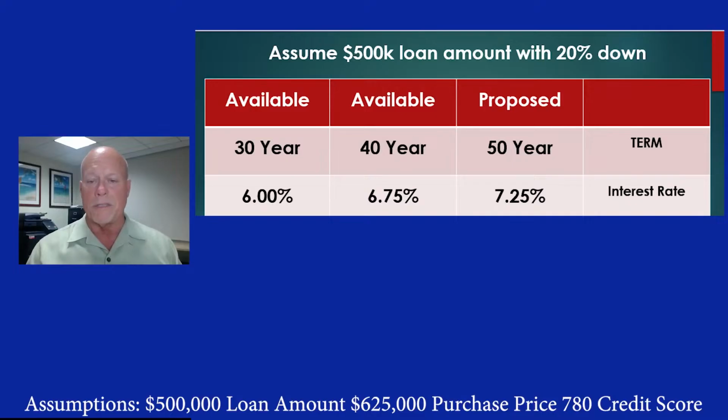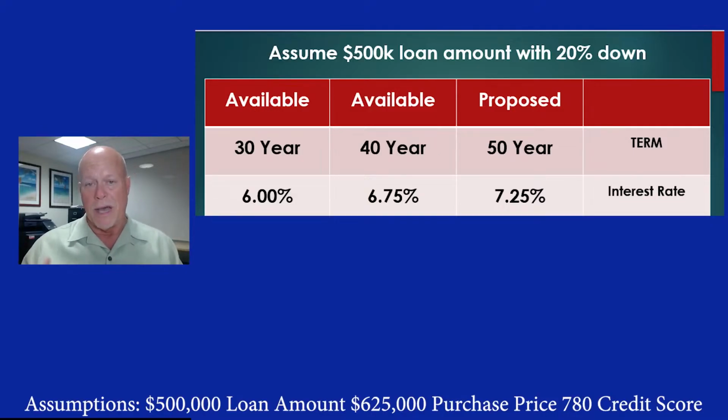On a 40-year loan, same parameters, same score, down payment, loan amount, 6 3/4. It's higher, 3/4 higher. Why? Risk premium, more risk because of slower principal reduction, longer loan term, time value of money. So the rate's higher. Therefore, it's reasonable, I would argue, to assume a 50-year loan will have a higher rate still than even a 40-year.